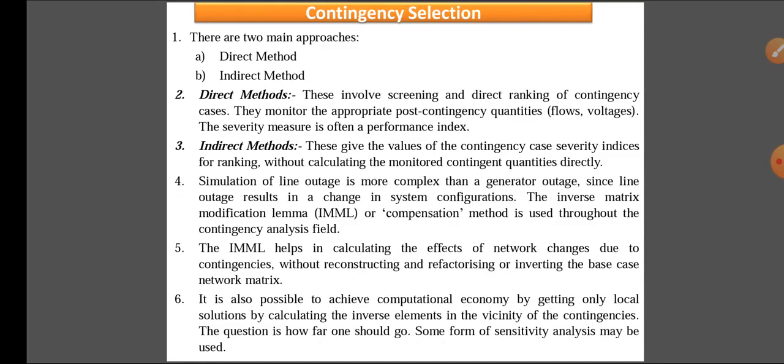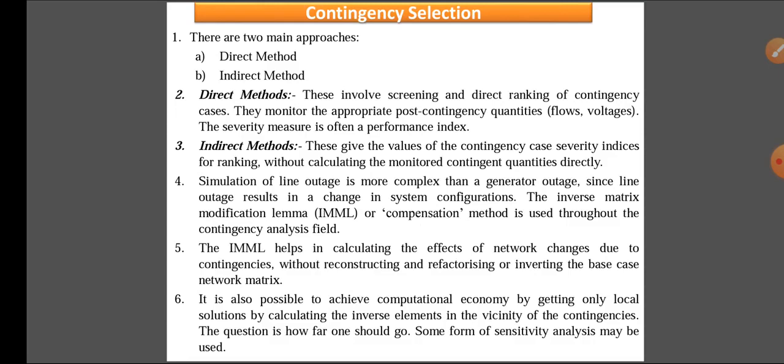With the help of some indirect monitoring, we are evaluating post contingency quantities, and based on the severity of these contingencies we again give them a ranking. I hope this point is clear to you. There are two possible approaches for contingency selection: either you can go with the direct method or you can go with the indirect method.